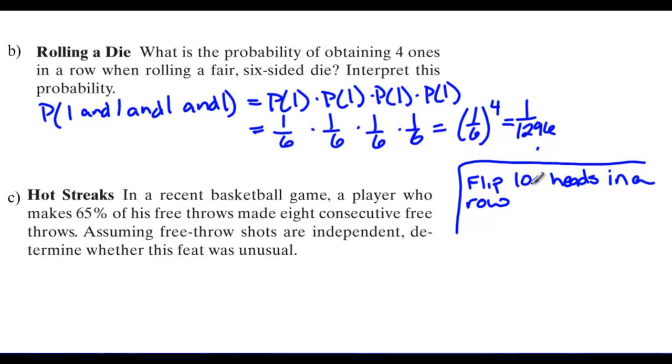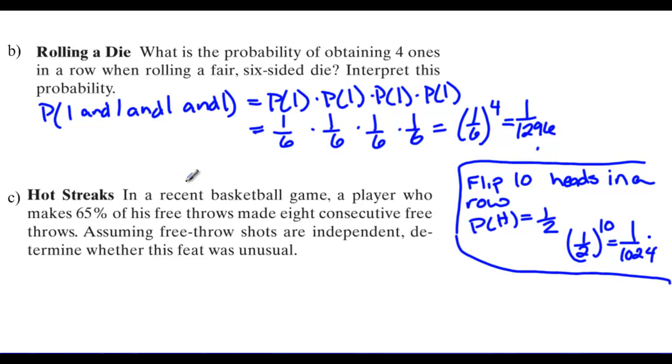Then I know the probability of getting a head is 1 out of 2. If I want to do it 10 times, then I'm going to do 1/2 raised to the 10th power, which is going to be 1 over 1024.